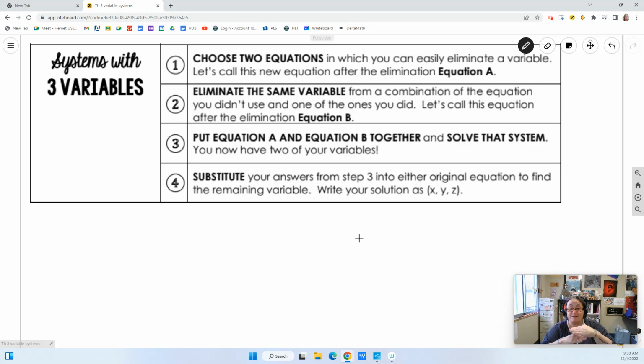Then we can put those A and B together, and we'll have two equations with two variables, which we solve like any two-variable system of equations. Then we substitute our answer into the others to figure out what the other variables equal. I know that sounds crazy, and you can't picture any of it in your head, but you will be able to once we work our way through it.